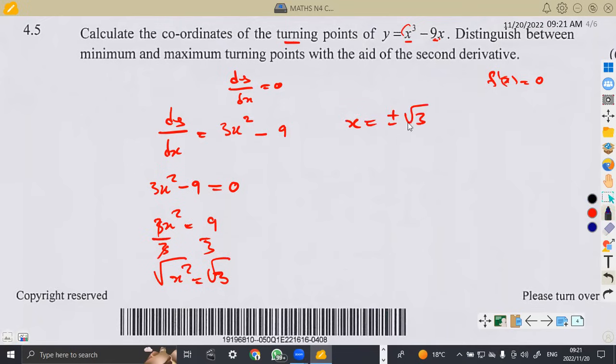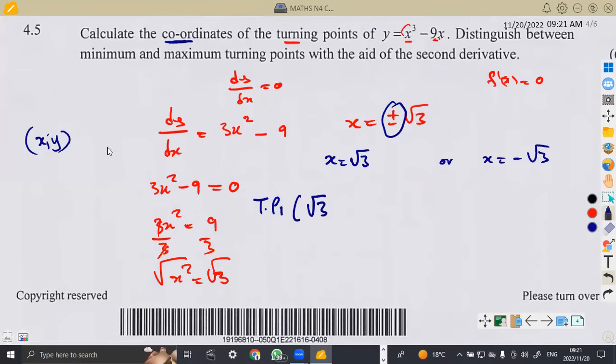Knowing that the square root of any number is a plus or minus. But in this case, we are supposed to have the coordinates. So we have the first turning point where x is equal to square root of 3, and the other one where x is equal to minus square root of 3. Let's have the first turning point. We substitute the value of x, which is square root of 3. Remember, it's a point made up of x and y.